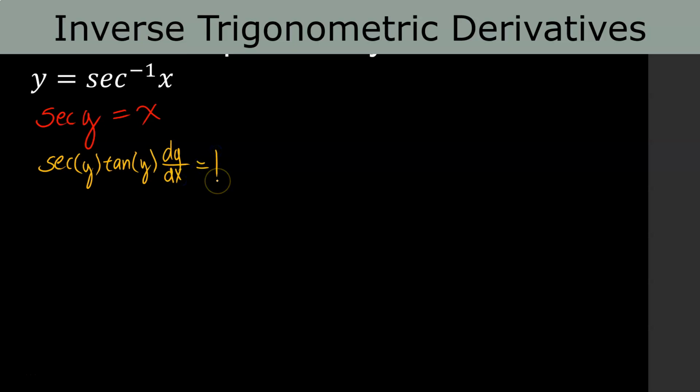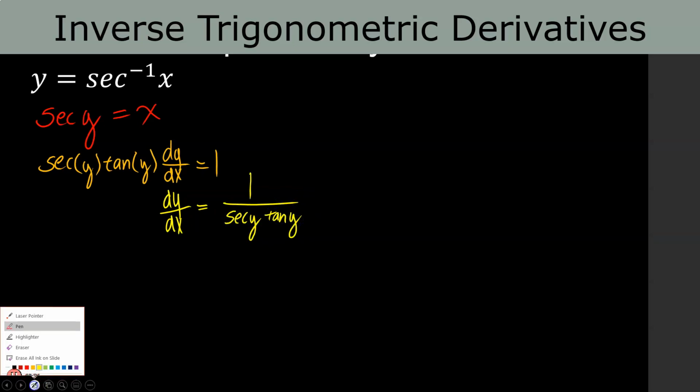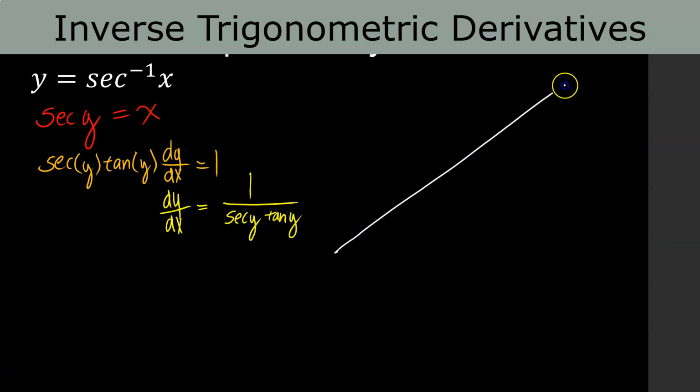The derivative of x is 1. So we solve for dy dx again. Maybe I'll just leave dy dx below itself. And that's going to be 1 over secant y tangent y. What's y? Well, y is something we need to get rid of.